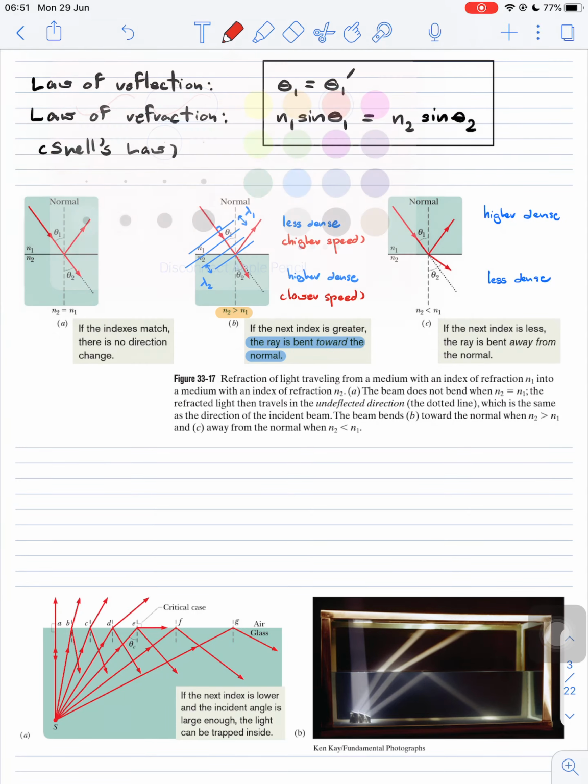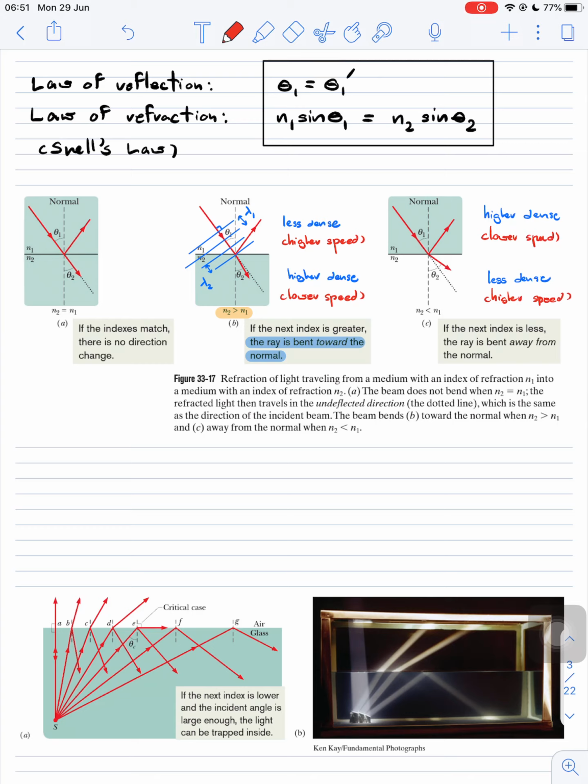It means that the speed of the light in medium 1 should be less than the speed of the light in medium 2 here. So here we have the lower speed, and here we have the higher speed.